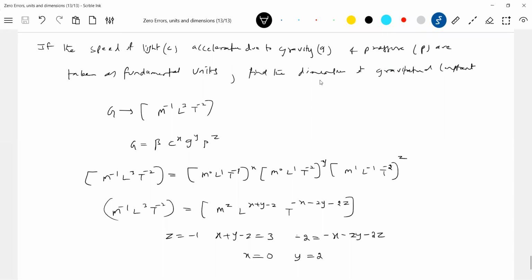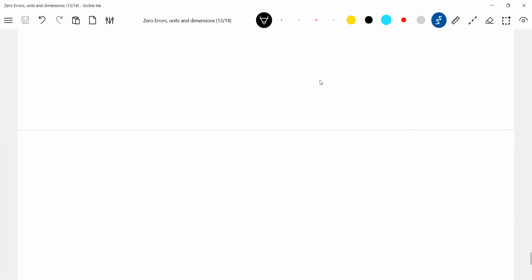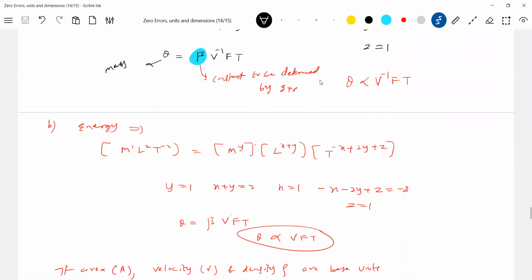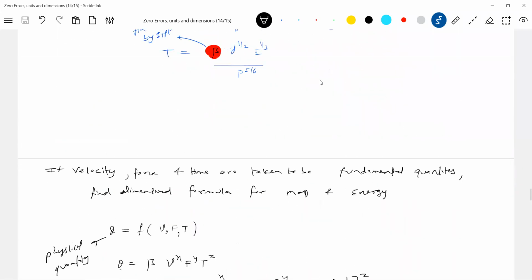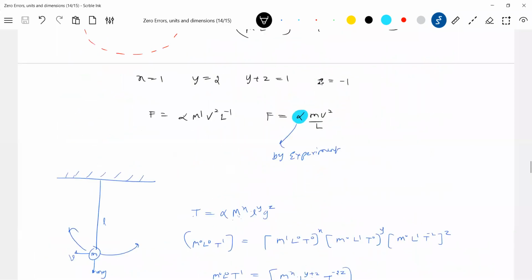Okay, this is about the basic core idea. And now, what about some limitations?